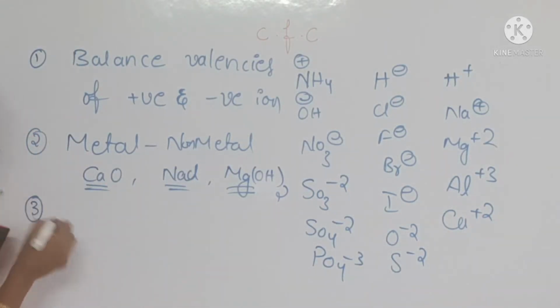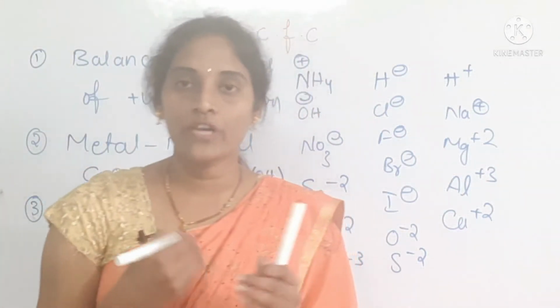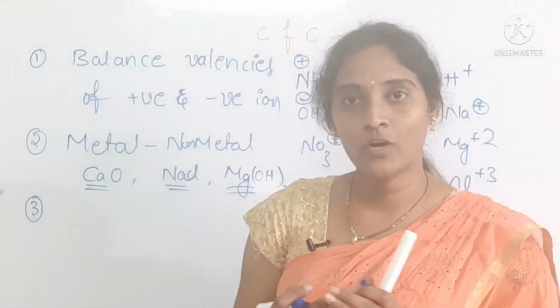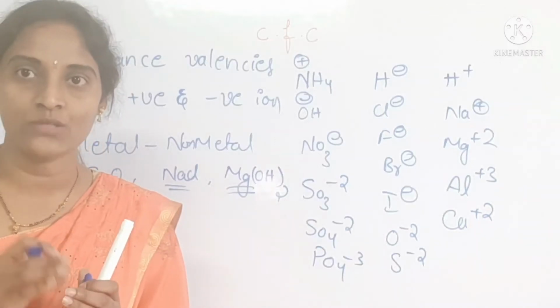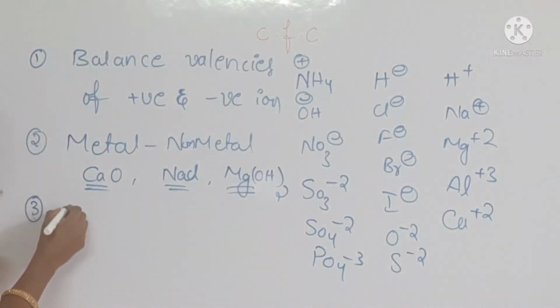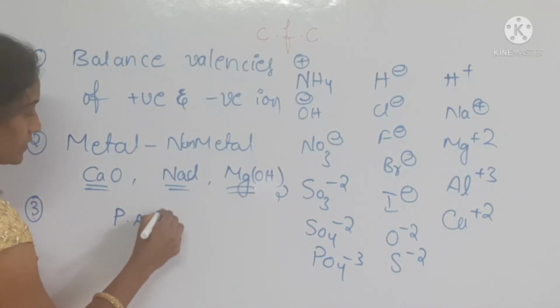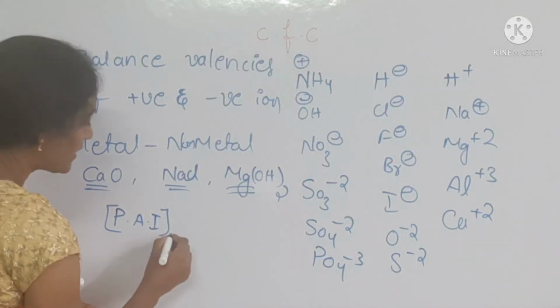The third step is, if a compound is formed with polyatomic ions, we have to enclose those polyatomic ions with a bracket. See, it is a polyatomic ion, students. You have to enclose that polyatomic ion with a bracket.